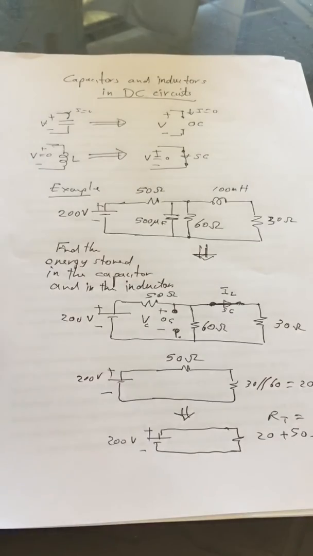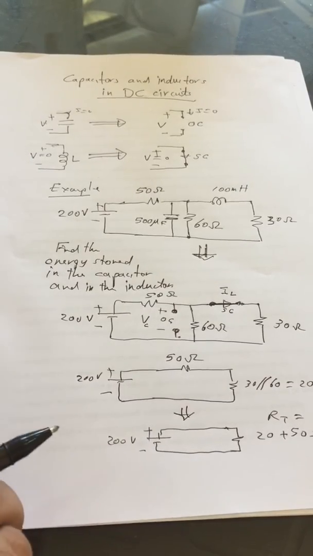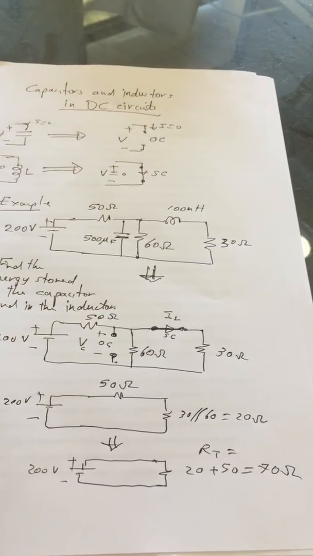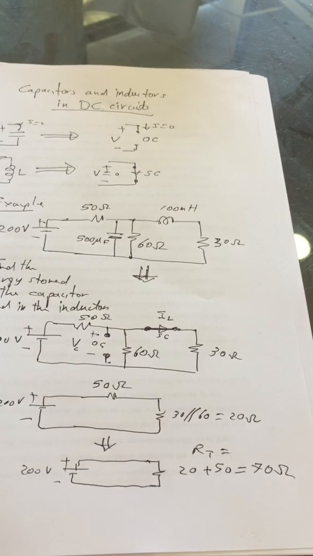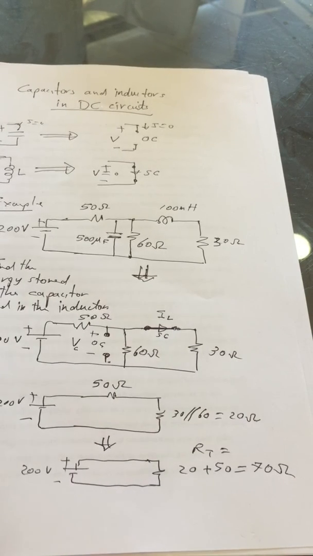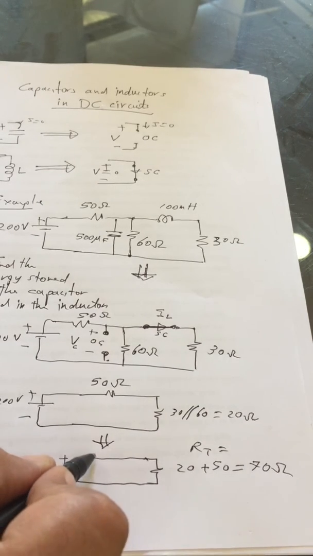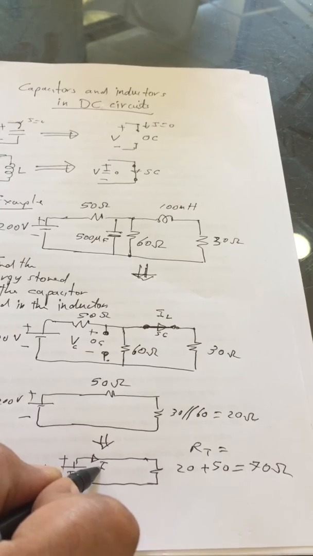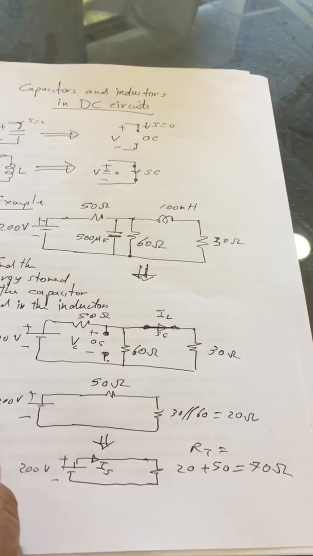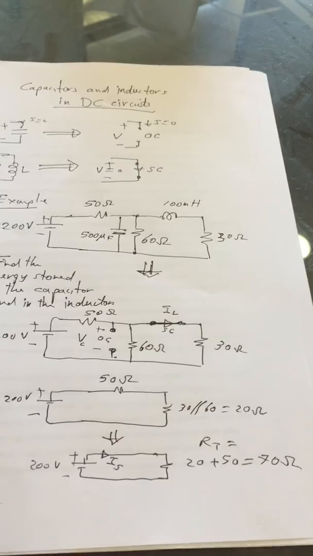So this is our total. So we have a total resistance of 70 ohms. Now we can calculate this current, I supply. Let me draw it here.